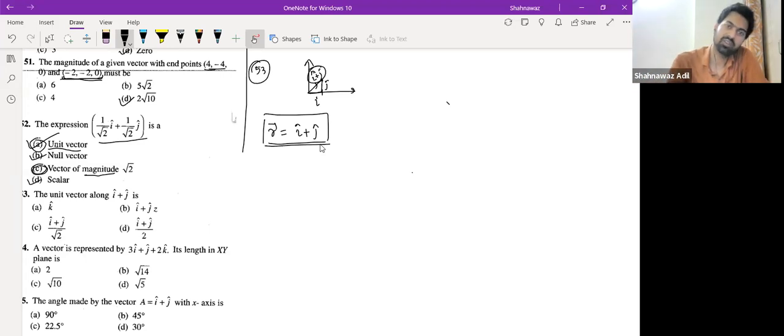So we have to calculate. This is the unit vector, right, guys?